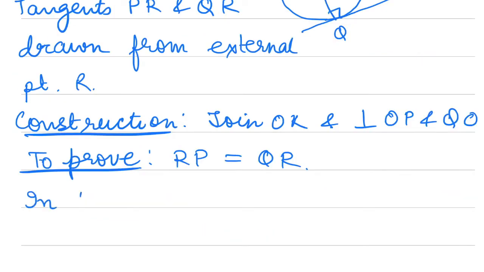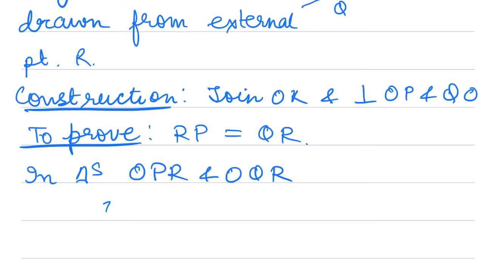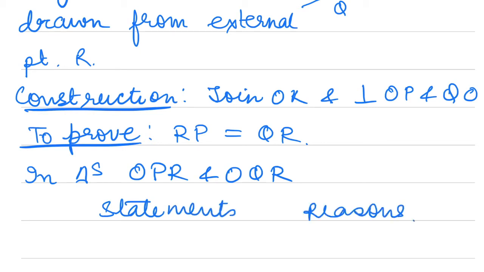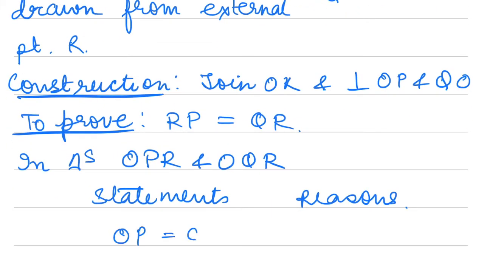In triangles OPR and OQR, so we have to write down the statements and we have to write down the reasons. So we have OP is equal to OQ, both are radii of the same circle.